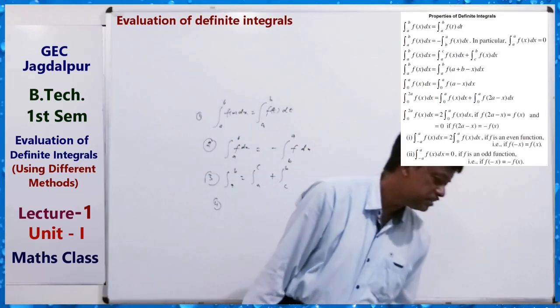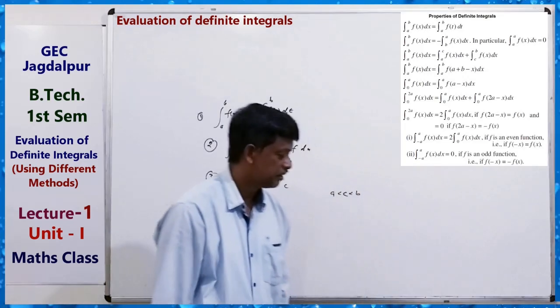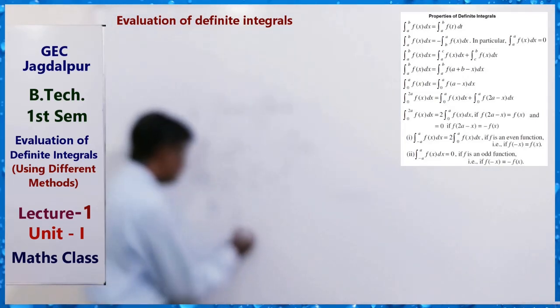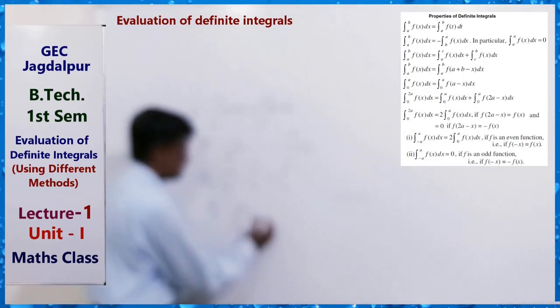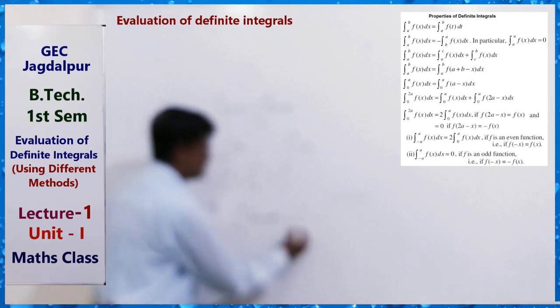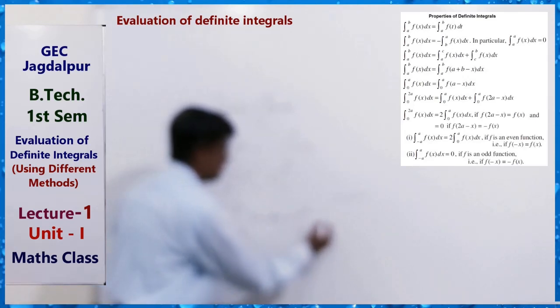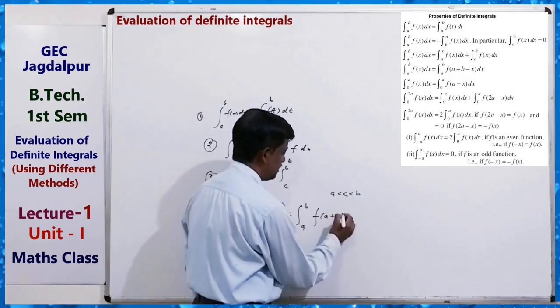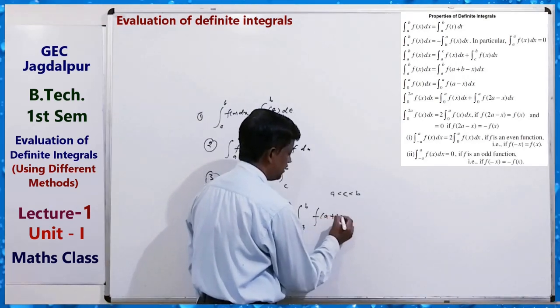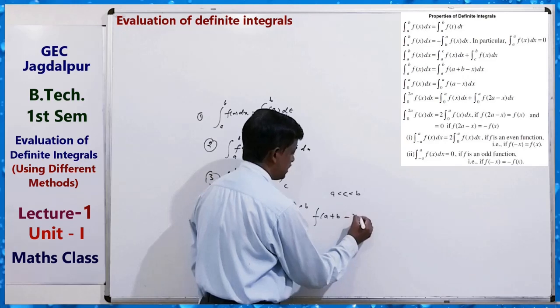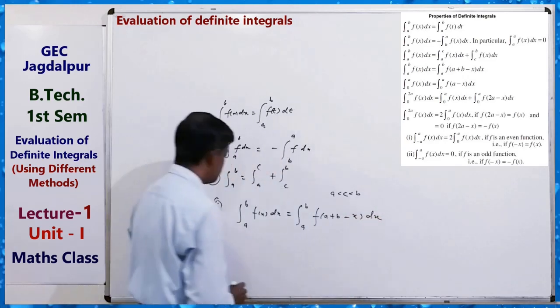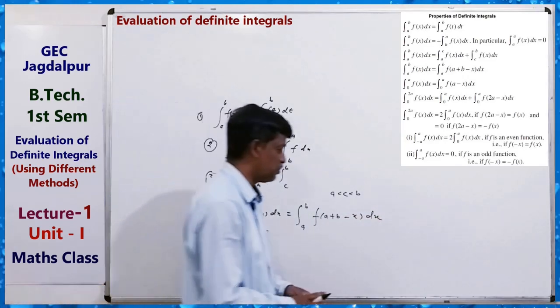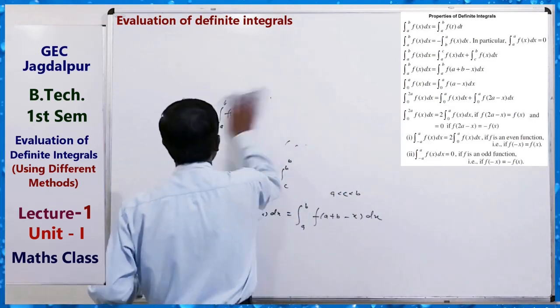The fourth property is: integral from a to b of f(x) dx equals integral from a to b of f(a plus b minus x) dx. This is the general property, and its particular type is very important.